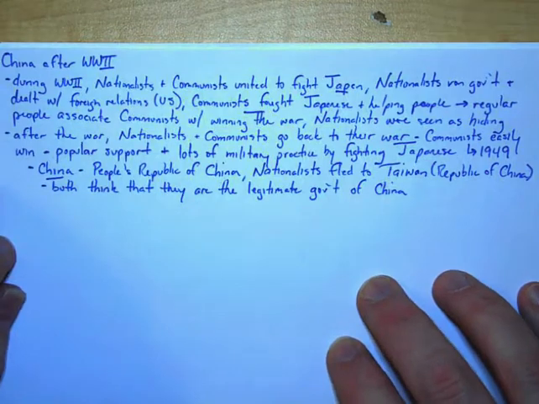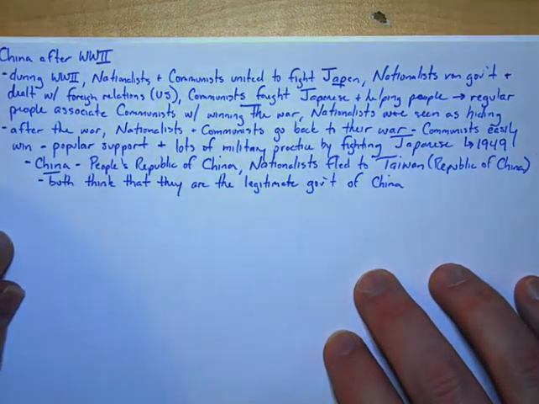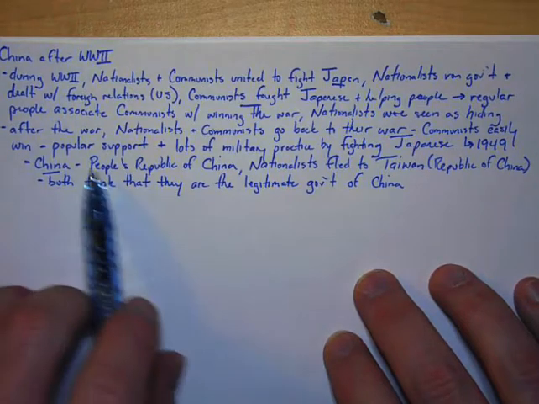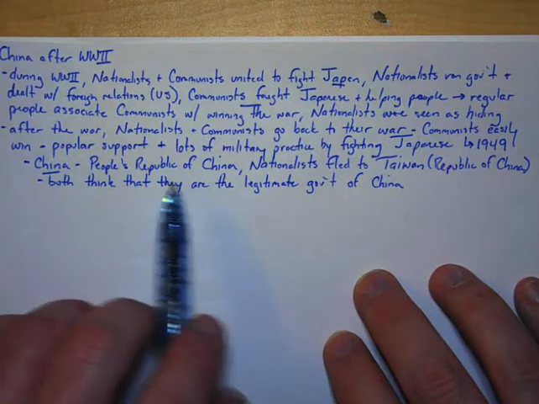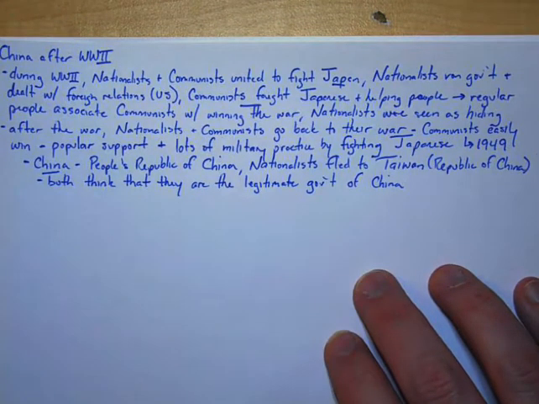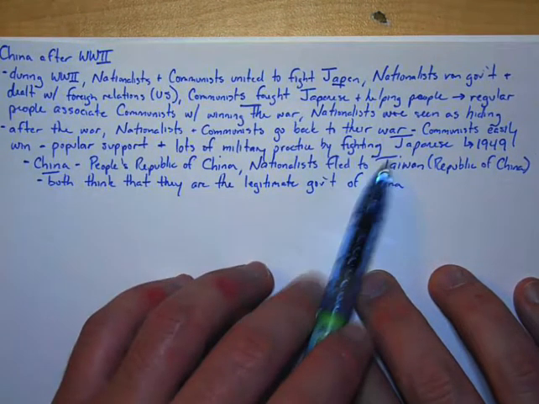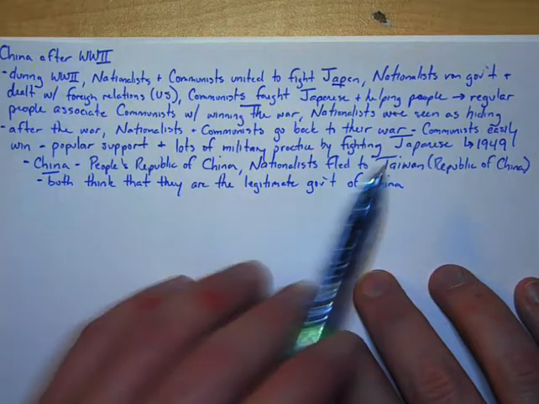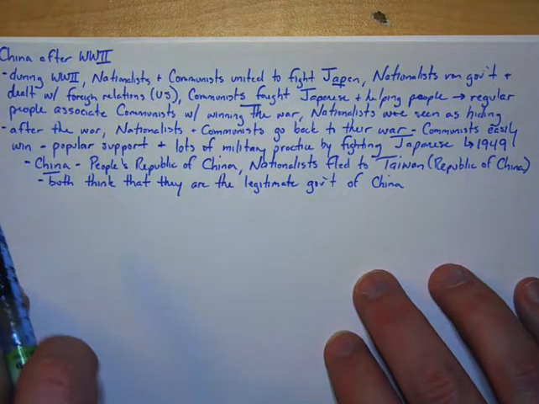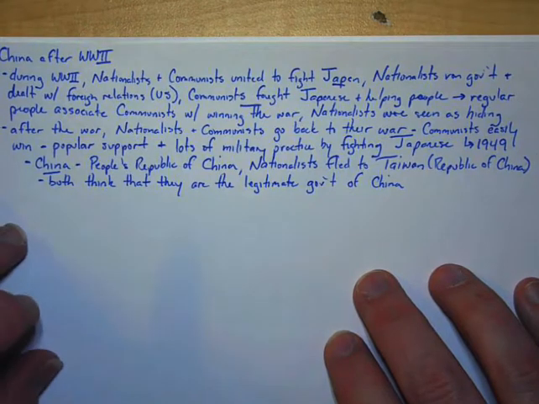They do not recognize each other. They basically ignore the presence of the other. The People's Republic of China considers Taiwan to be a rebellious province, and the Republic of China views the People's Republic of China as illegal usurpers of the government.